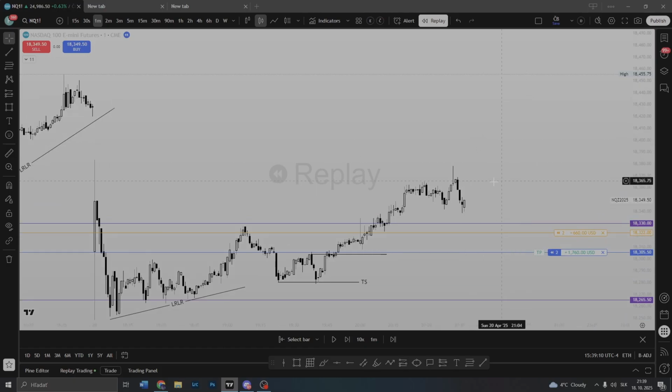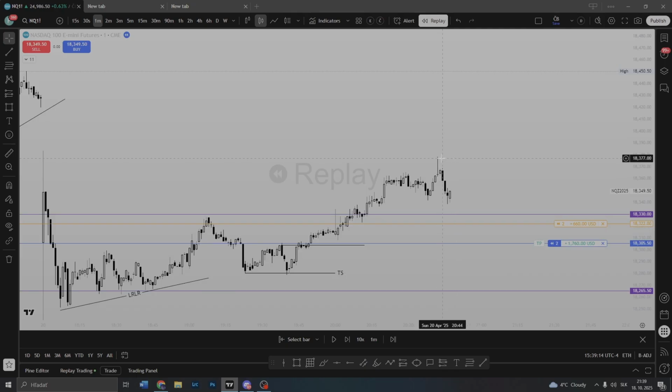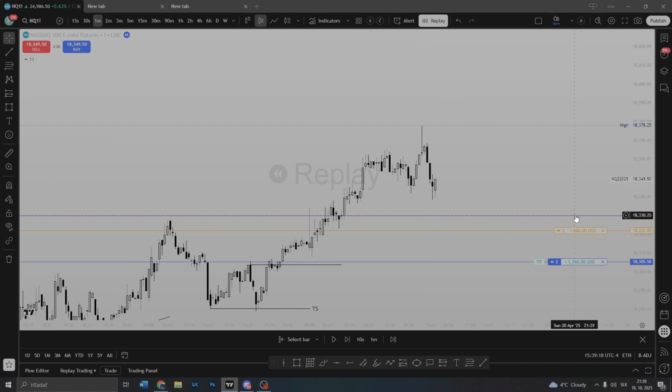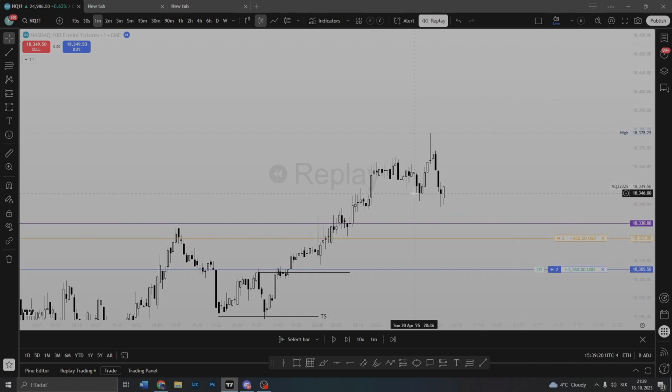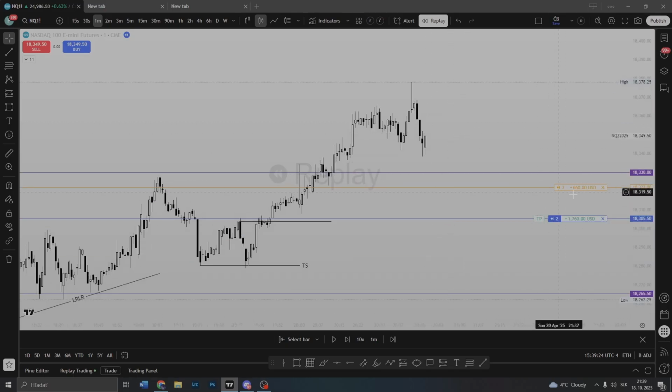So now, if-then scenarios, if this is the manipulation, we should not come back right here. And right now, in terms of our long trade, if this is manipulation, we will get stopped out.